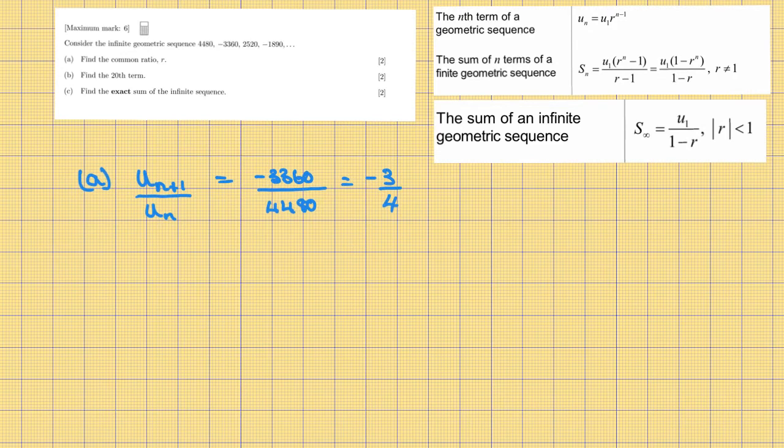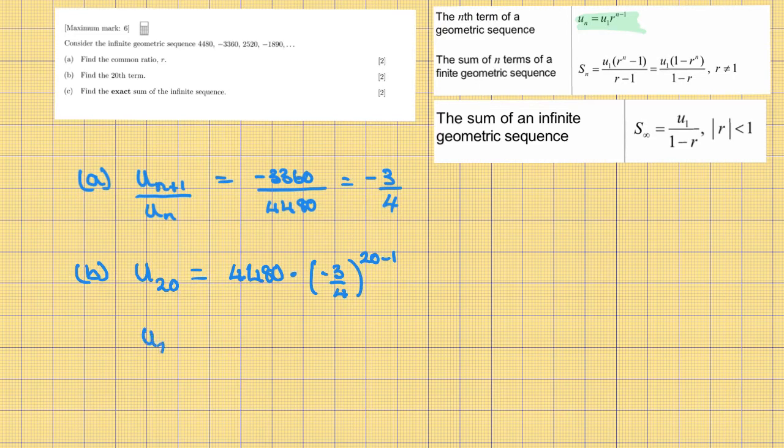Part B, find the 20th term. To do this, you can use this formula, u to the n equals u1 r to the n minus 1. So B, you want to find u20, which is equal to u1, which is 4480, times r, which is minus 3/4, to the power of 20 minus 1.